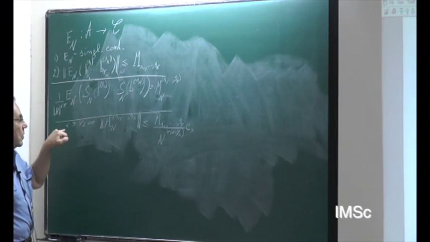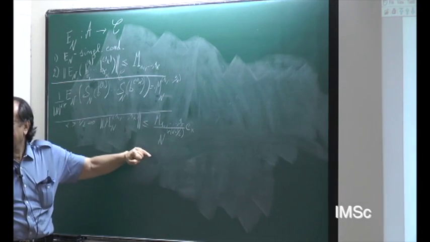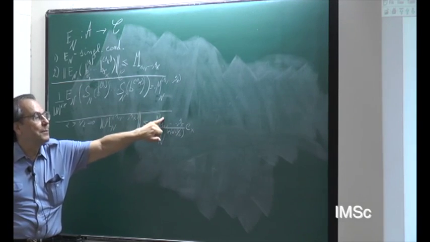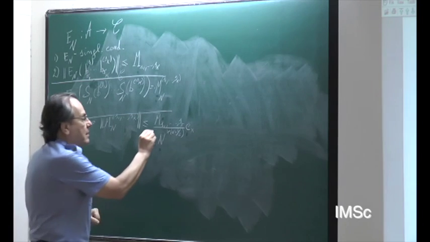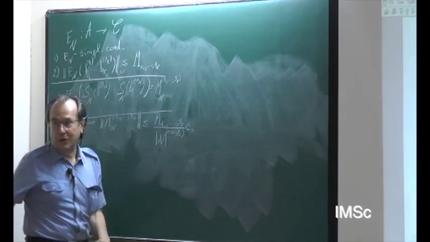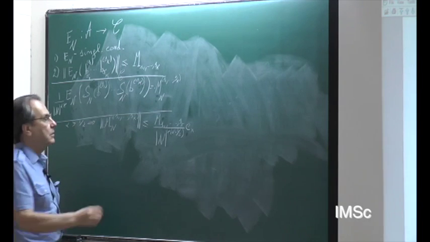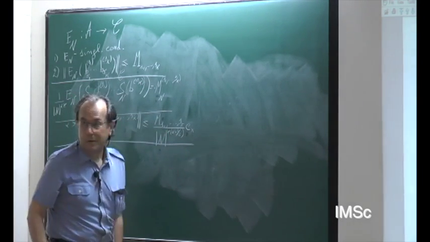So when alpha has this, we have this domination, and obviously this will go to 0 because this doesn't depend on n, and then n, the cardinality of the finite set, goes to infinity. So it is clear that in this case everything will go to 0. Okay?